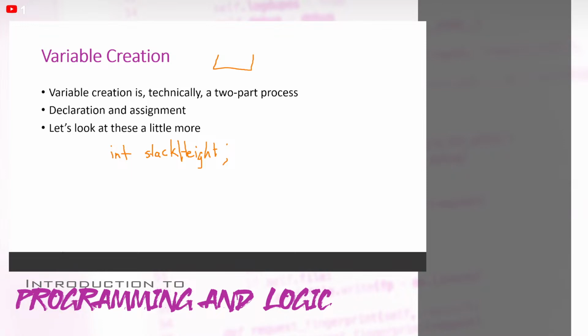And so in this case, we can't do like we've done here for Java and say, okay, I've created this container now, and then later on I can put some sort of value into that container.